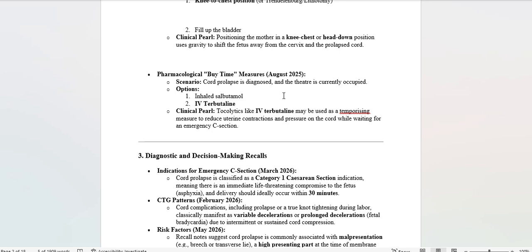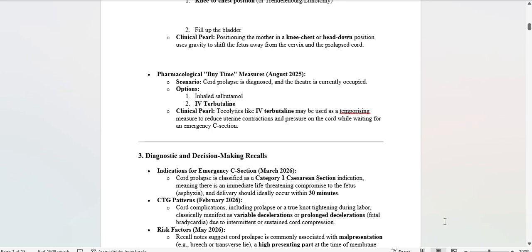So tocolysis we will do subcutaneous, or we can also do IV terbutaline. Tocolysis with IV terbutaline can be used as a temporising measure to reduce uterine contraction and pressure on the cord while waiting for emergency cesarean section. We don't know the other options, but remember that we will give tocolysis with IV terbutaline or IV salbutamol.